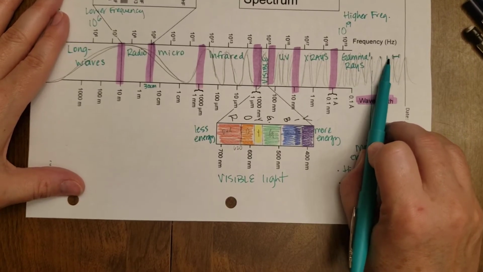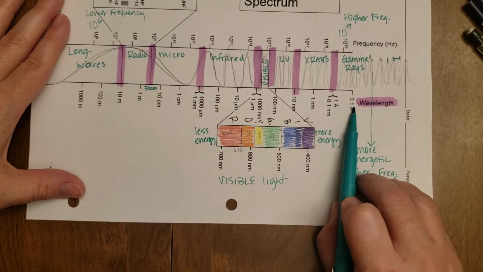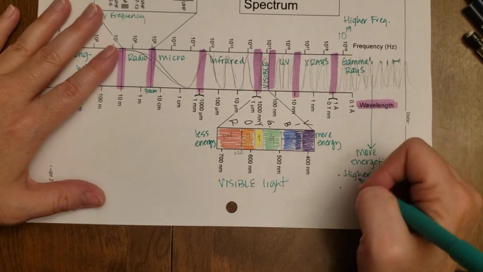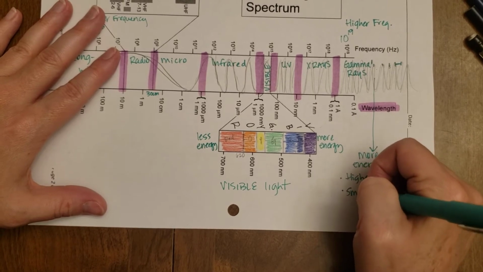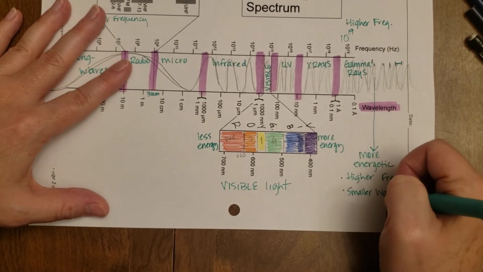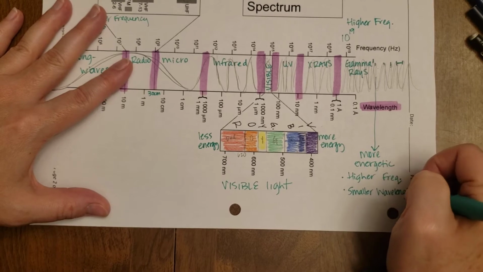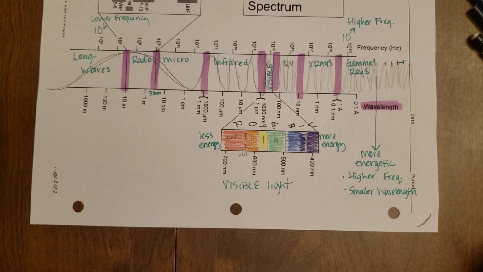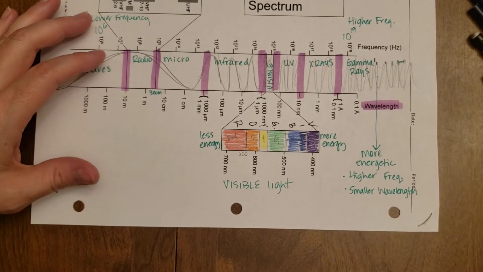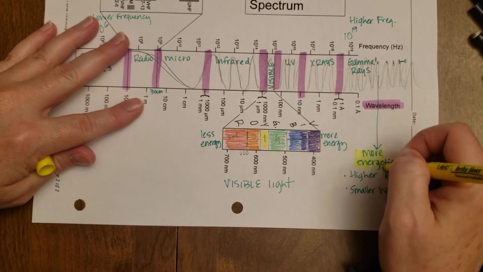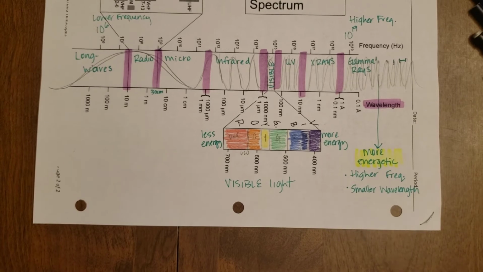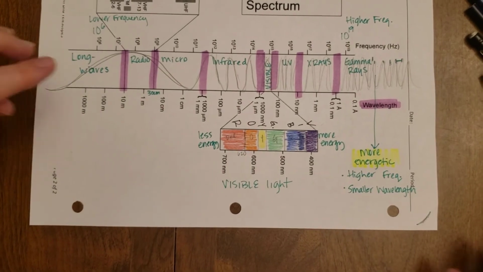Wavelengths closer together, so the number for wavelength is going to be smaller. So with a higher frequency, you're going to have a smaller wavelength. And then when that happens, you definitely have a more energetic wave. Excellent. Y'all are doing fantastic.